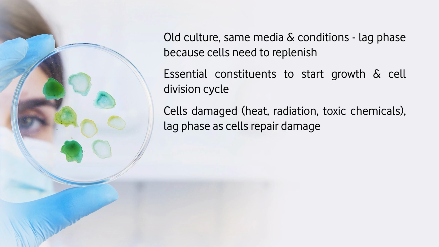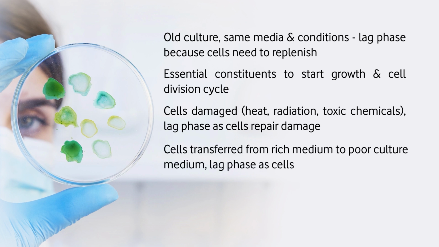If the cells are damaged either by heat or by radiation or by toxic chemicals, the lag phase of such cells is very prolonged because they need to repair the cell first. They will repair the cell, replenish themselves, and then start growing and dividing.